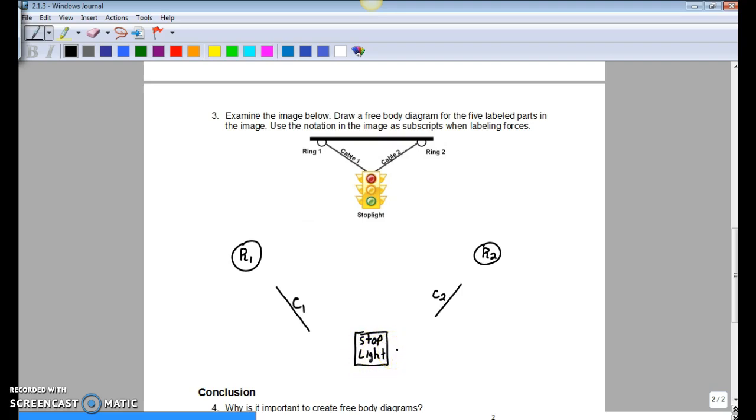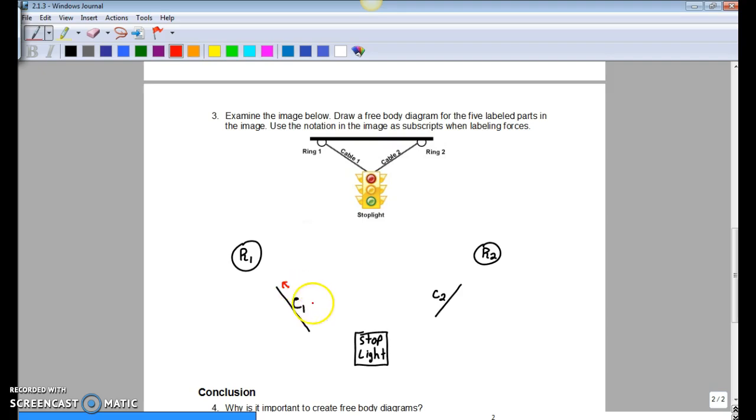Within these components, consider the fact that ring 1 and ring 2 are going to have some sort of force keeping them from sliding along whatever component this is that it's mounted to. So you've got reaction forces there. The cables themselves are actually really easy.